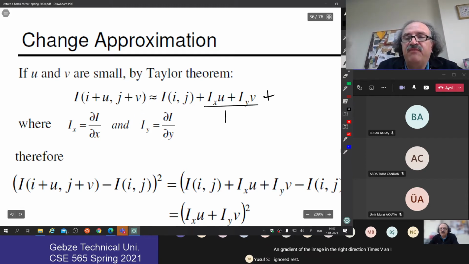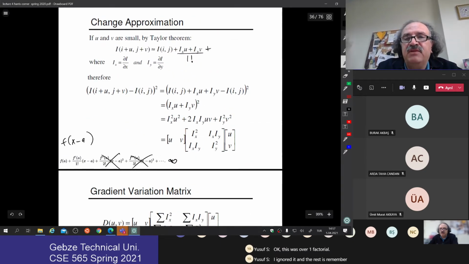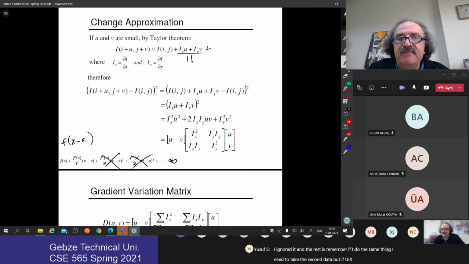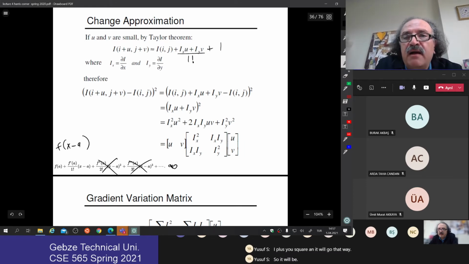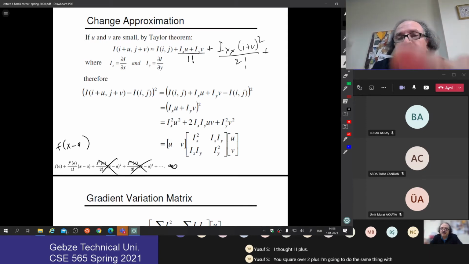This was over 1 factorial, I ignored it. And for the rest, if I do the same thing, I need to take the second derivative, so it will be I_xx, the second derivative, times u squared over 2, plus I am going to do the same thing with y.